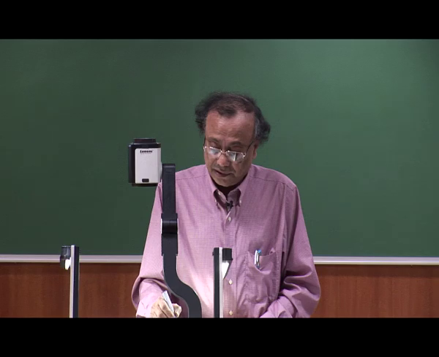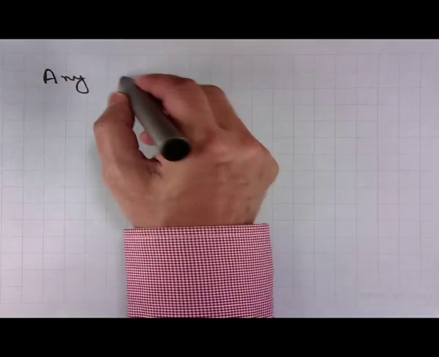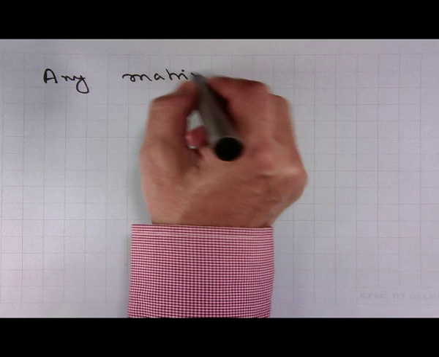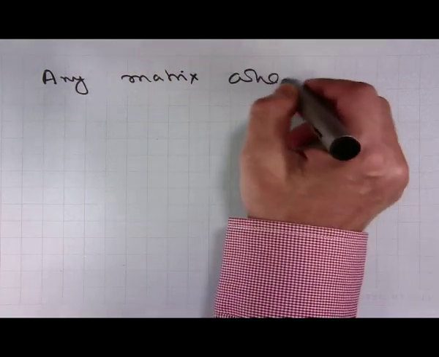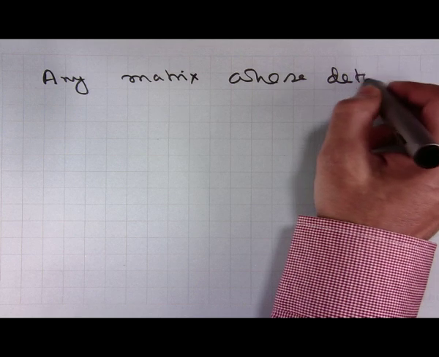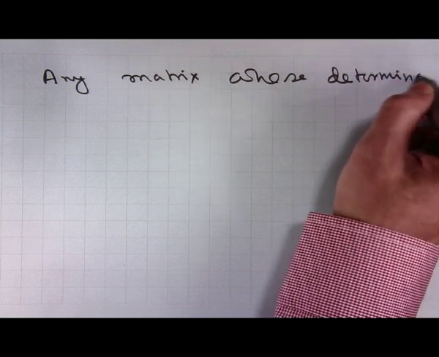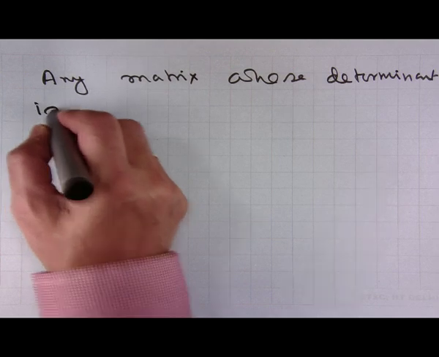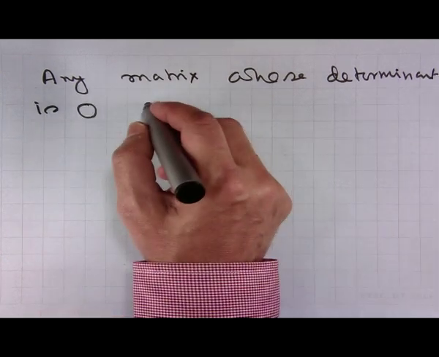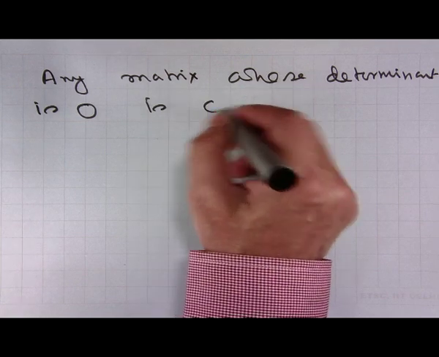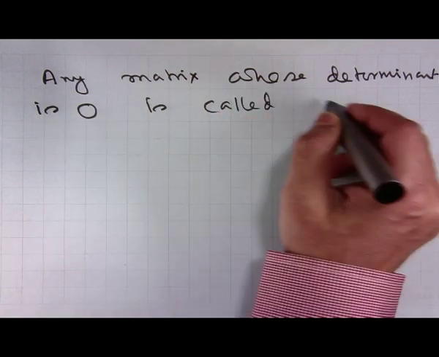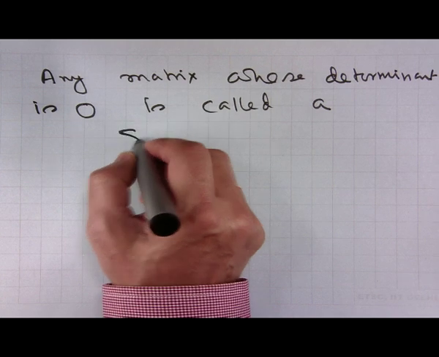Any matrix whose determinant is 0 is called a singular matrix.